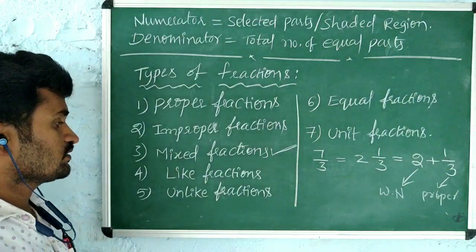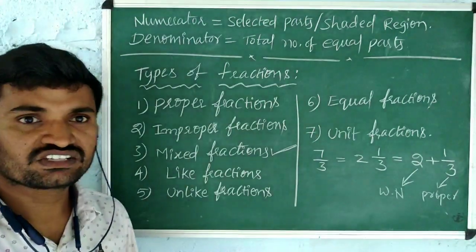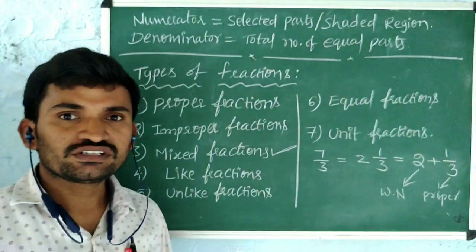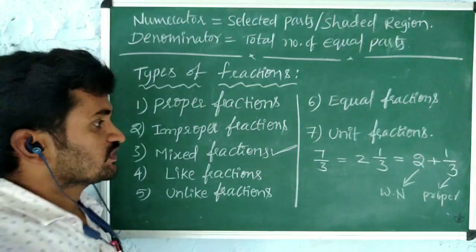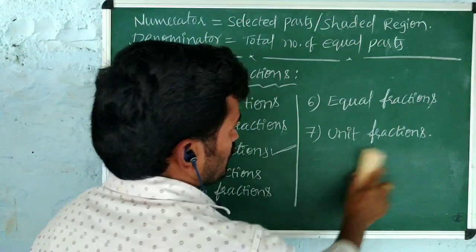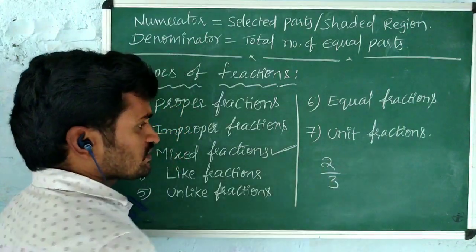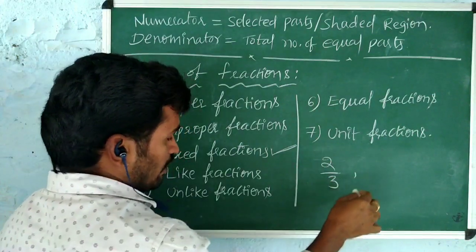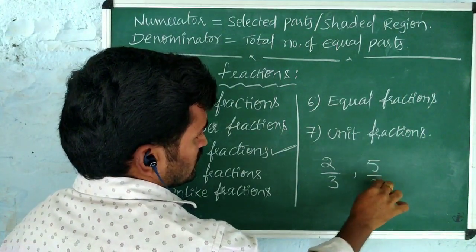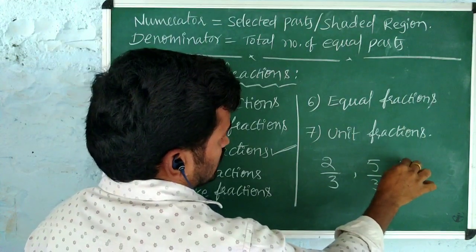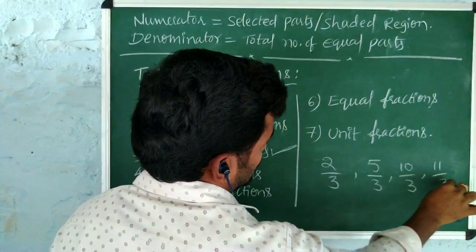Okay, next like fractions. Like fractions means what? Simply you can say the fractions which are having same denominators. For example, if you take 2 by 3, it is a fraction. One more fraction we have to take, 5 by 3, 10 by 3, 11 by 3.